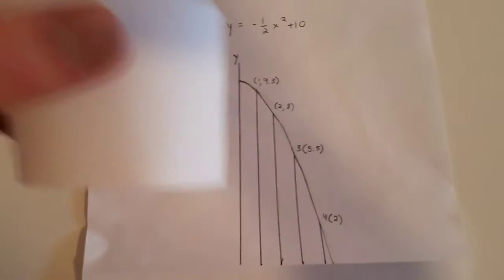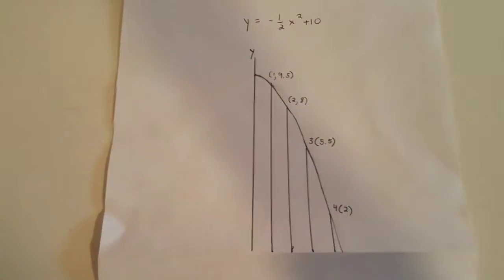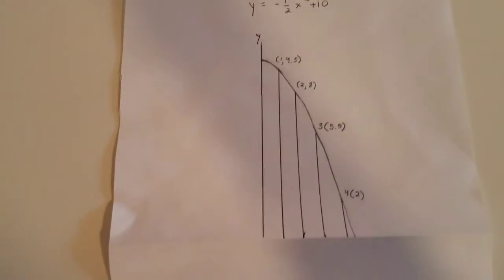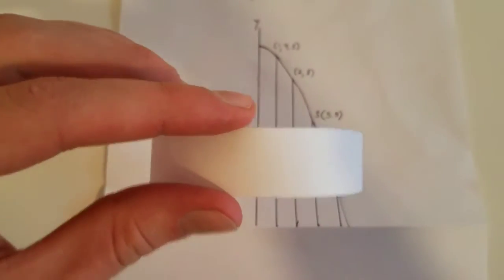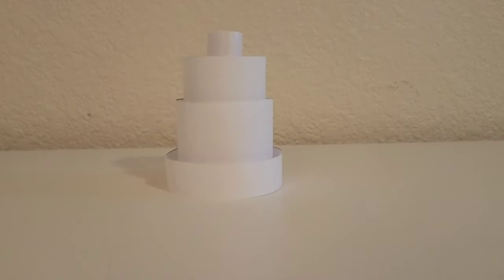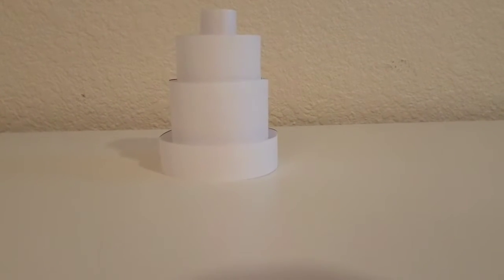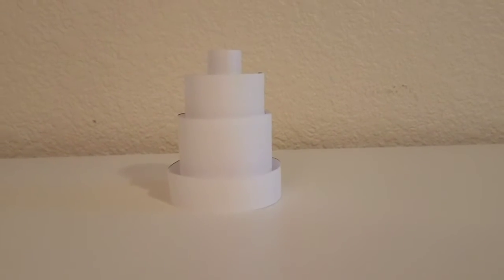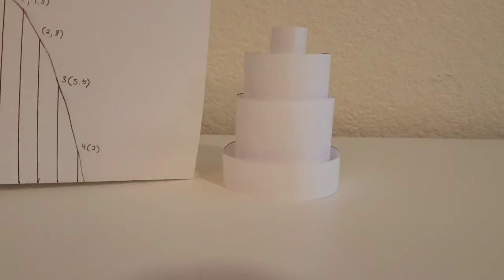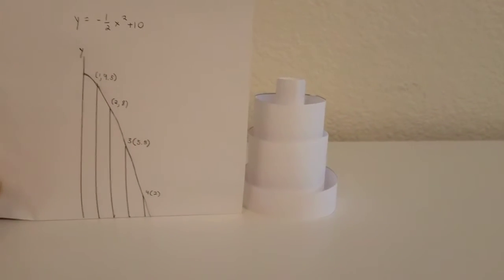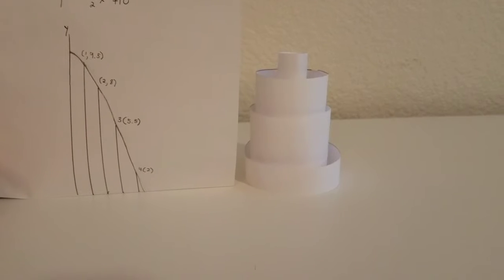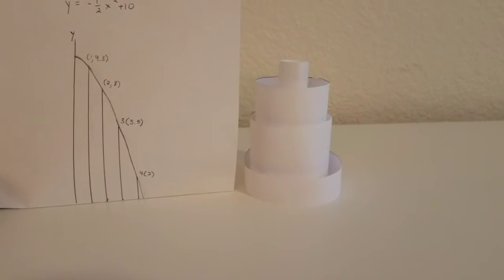Then a wider, shorter cylinder, and then the tiniest cylinder, but the widest of them all. When we put all those together, we get that same roughly parabolic shape, just like a Riemann sum. It's just an approximation, but it's spun out, and we have that 3D version.